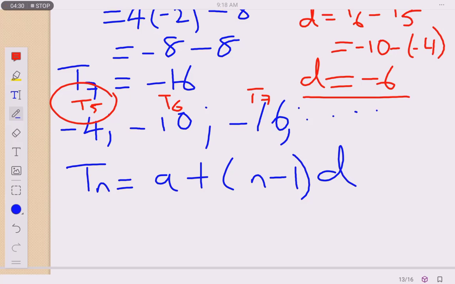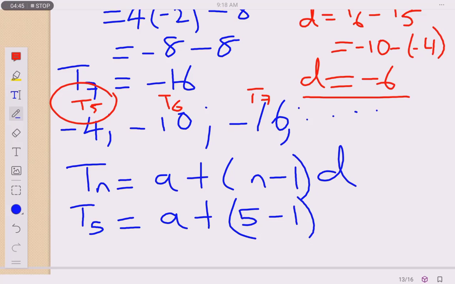I'm going to use the one that we know, T5. So T5 is equal to A plus n, we know n is 5, minus 1 times D. We now know D is minus 6 there.